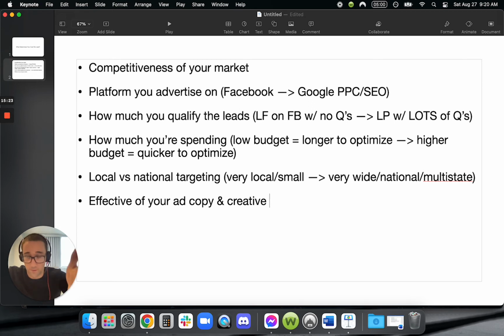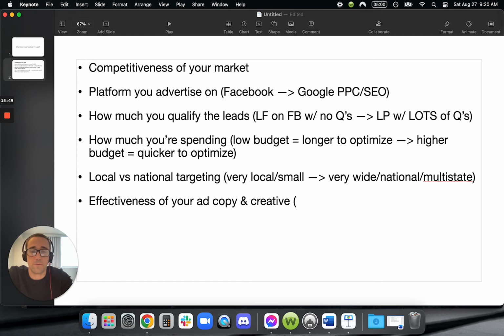So again, that's effectiveness of your ad copy, effectiveness of your campaign. How likely are people to click on it? And once they do, are you speaking to their pain points? Are you speaking to the situation that they may be in? Like, are you presenting a good offer? Okay, so these are other things that I'm going to list here, but effectiveness of your copy and creative, right?